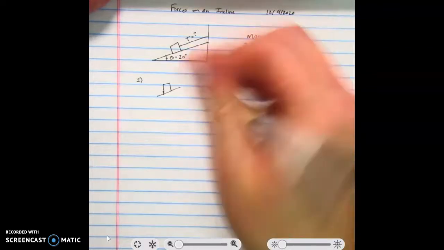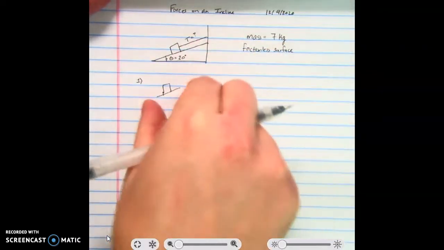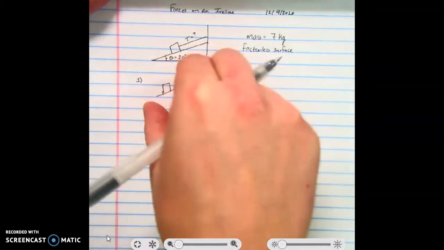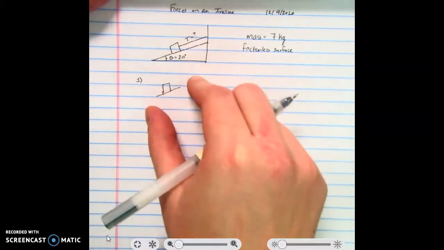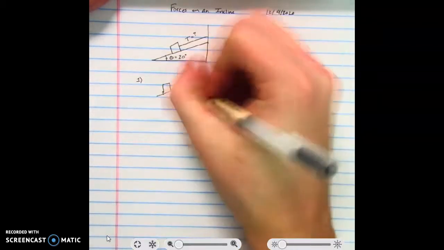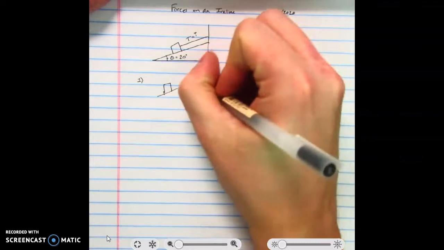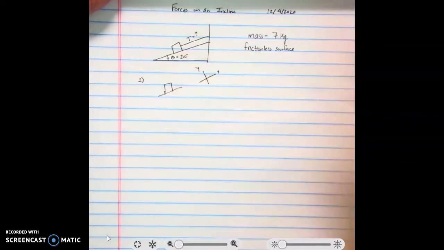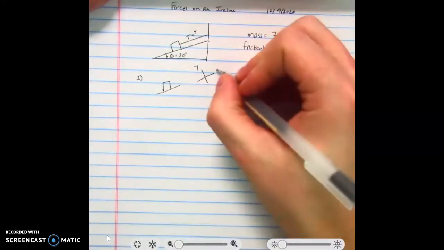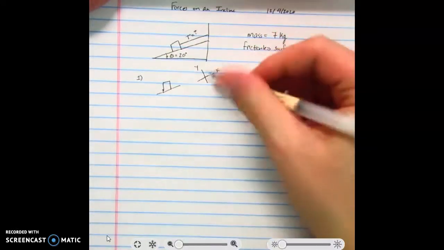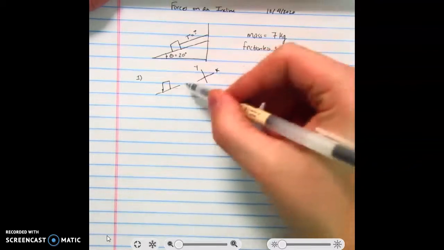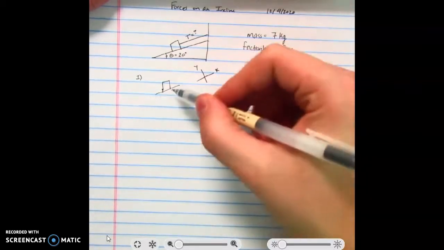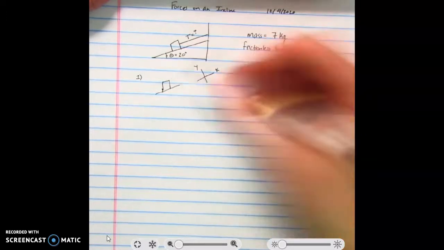So what we're going to do is because we've rotated our surface, we're also going to rotate our X and Y coordinate system. So the X-axis now follows the slope of our incline, and our Y-axis kind of goes off.